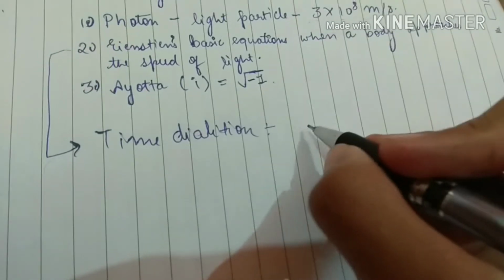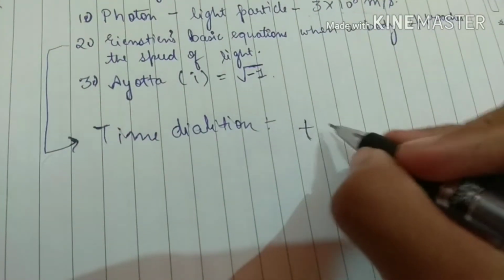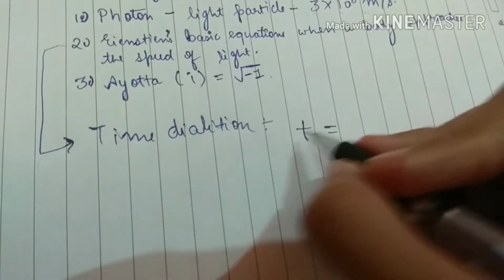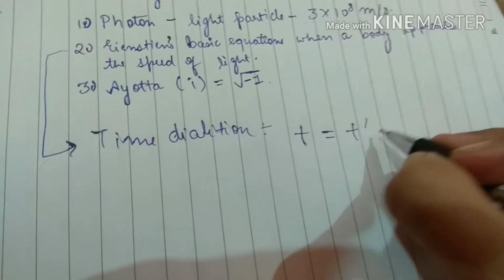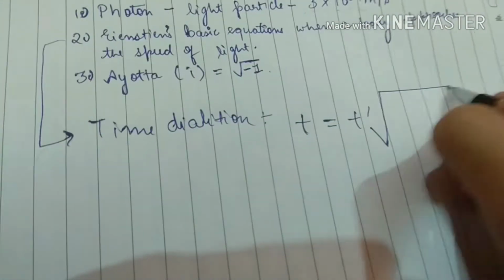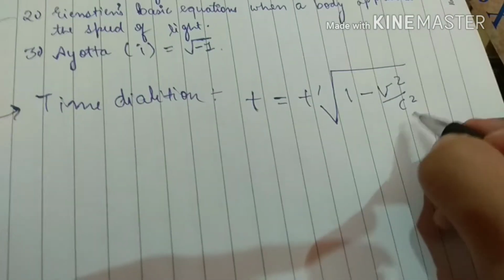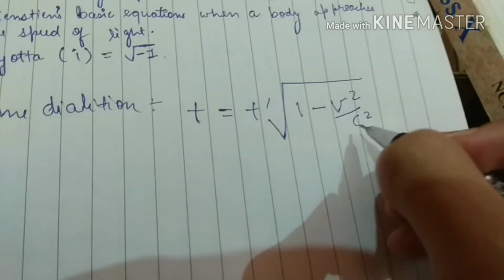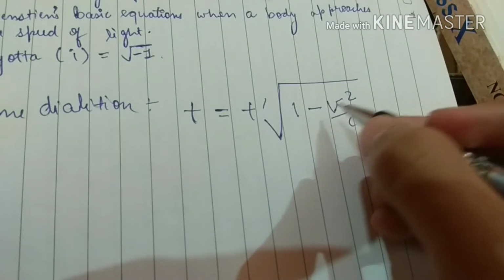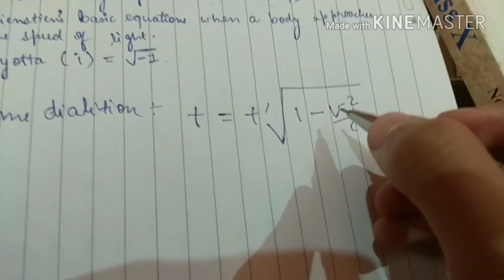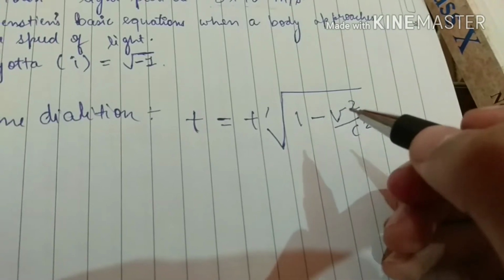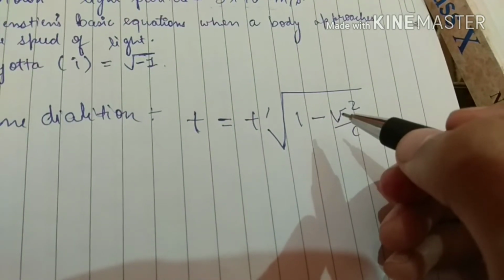This equation is stated as T is equal to T prime under root 1 minus V squared over C squared. C is the speed of light, and V is the speed of the body or the object that is traveling. And this object must be in motion.